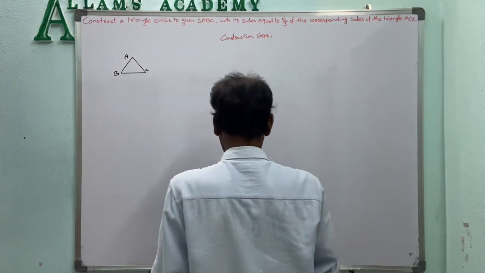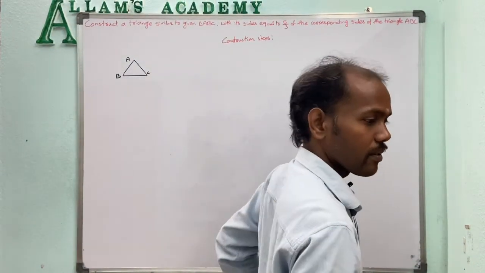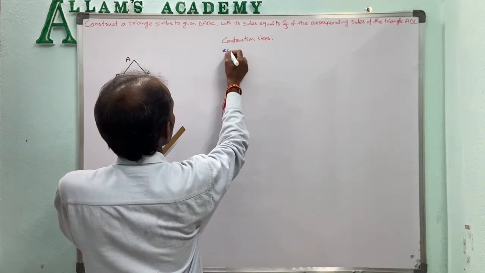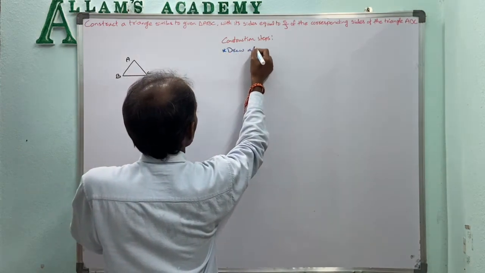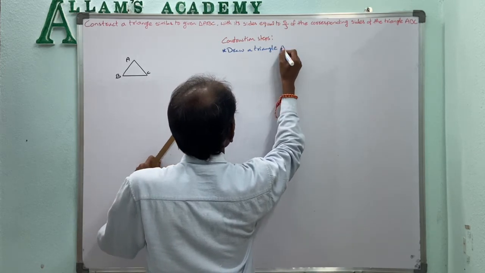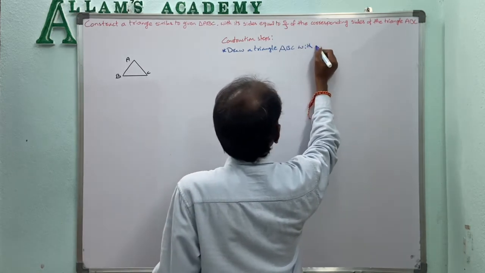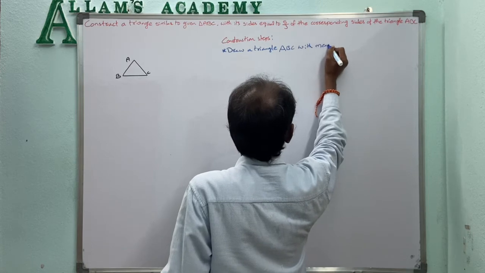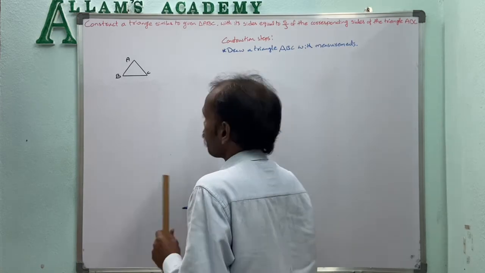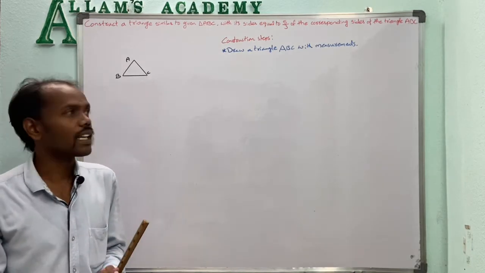The first construction step we did is draw a triangle ABC with measurements. Here measurements we do not specially mention. Why? Because in that problem they are not given.